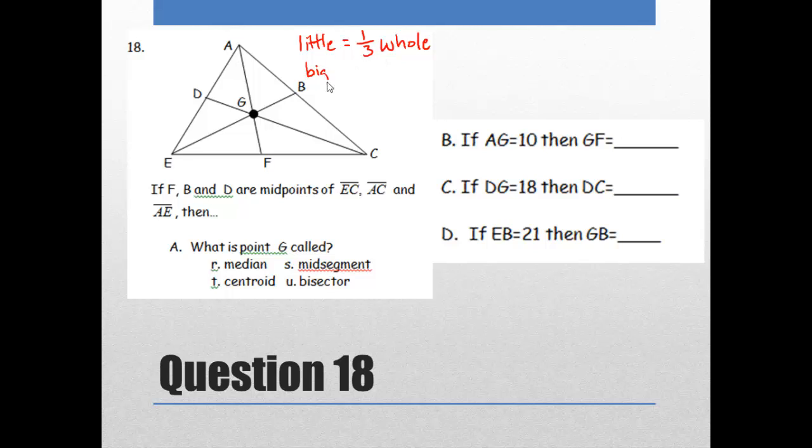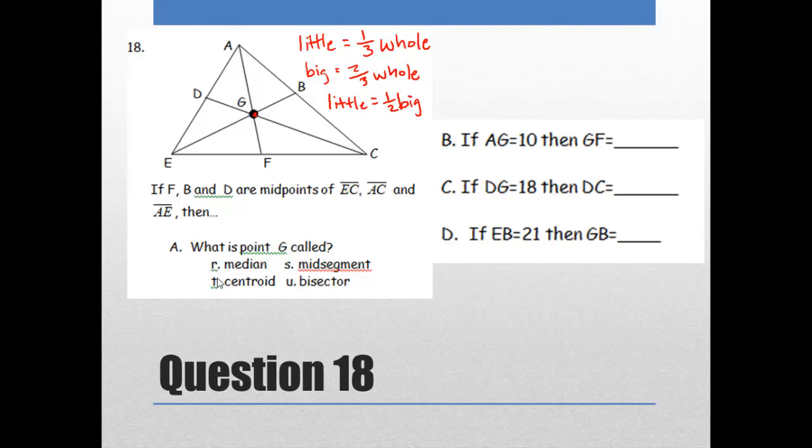And the big equals 2/3 of the whole. So you divide it by 3 and multiply it by 2. And then don't forget also that the little equals half of the big. So a couple of things to remember. And that's all because of this centroid right here.